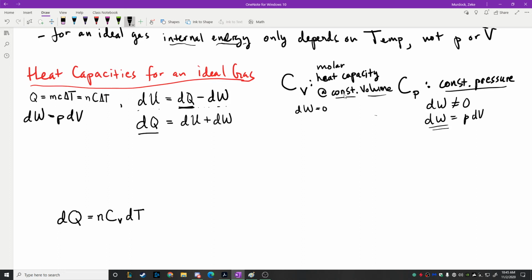If you look at this equation, and then we look at this equation here, the equation for constant pressure is going to be exactly the same, but you replace big CV with CP. Right? So this dq is equal to du plus dw. This dq is equal to du plus dw.